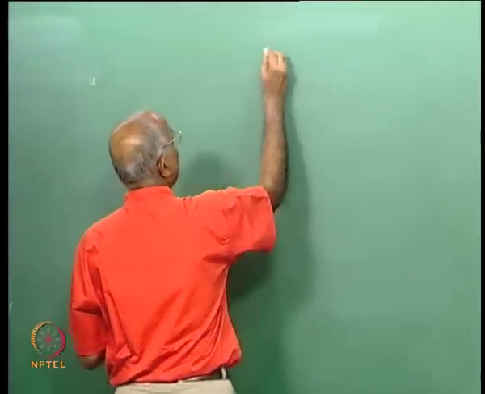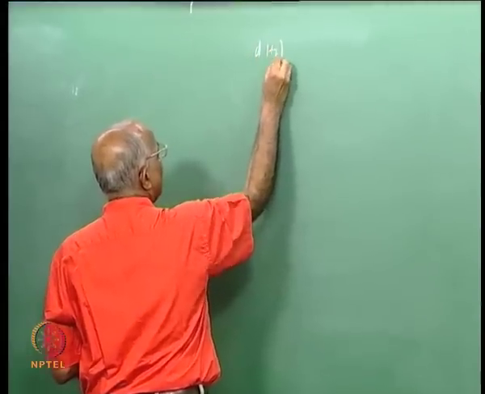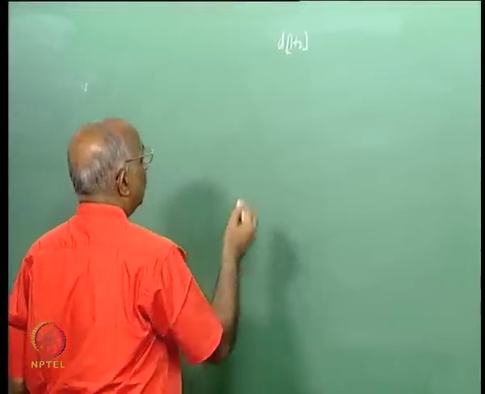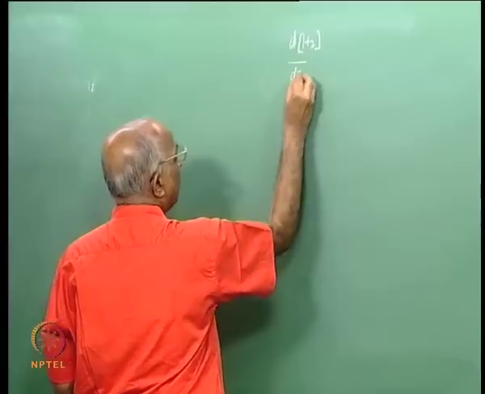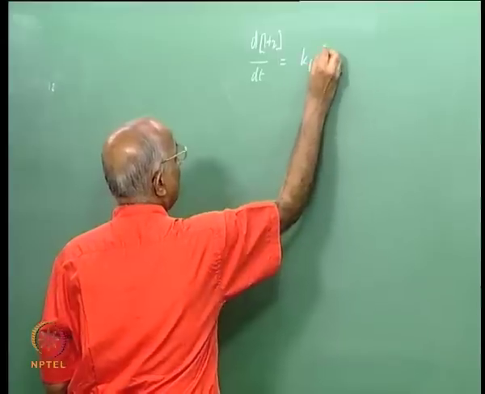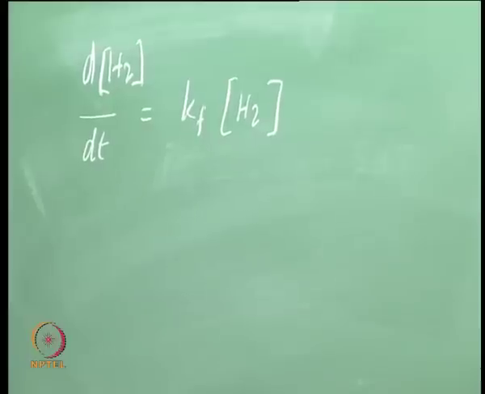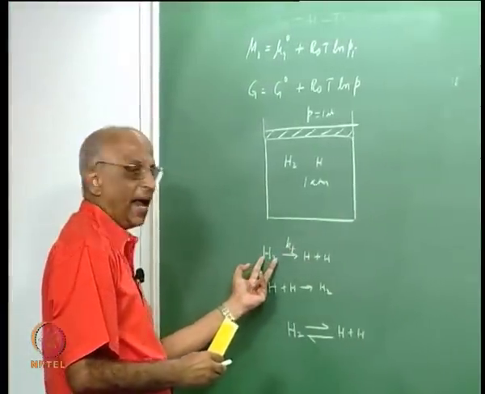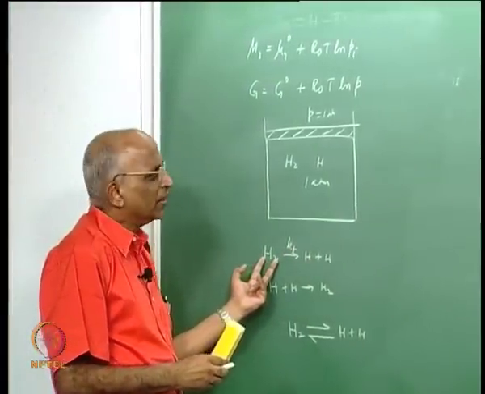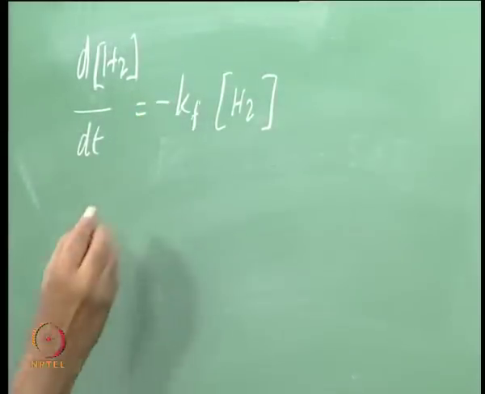The law of mass action says that the rate of a reaction is proportional to the active concentration. That means the rate at which the concentration of H2 changes with time goes as a constant times the concentration of the species itself. I say dH2 by dt, it keeps depleting, I have minus Kf into H2 over here.